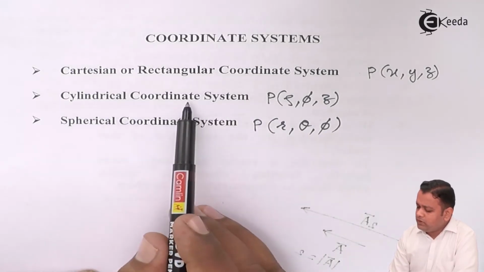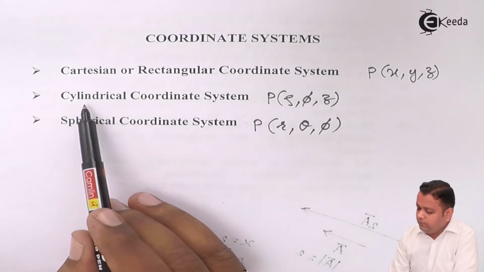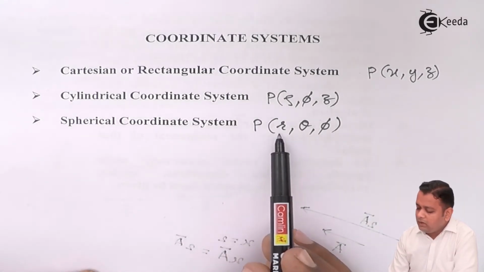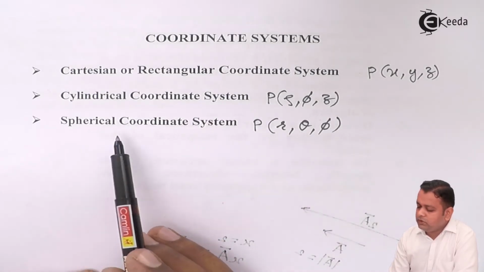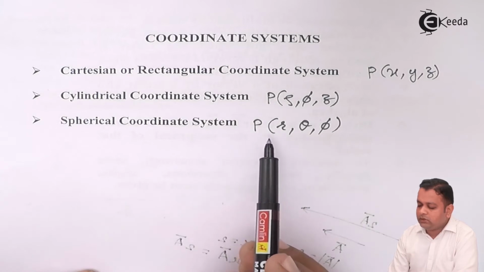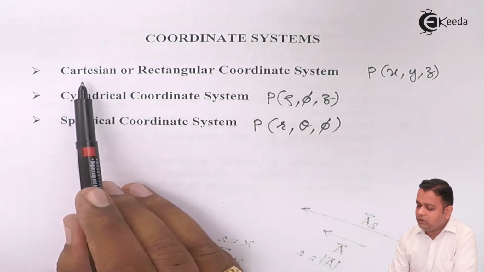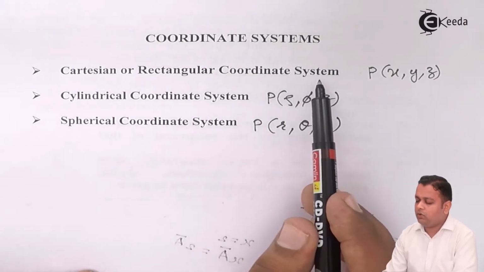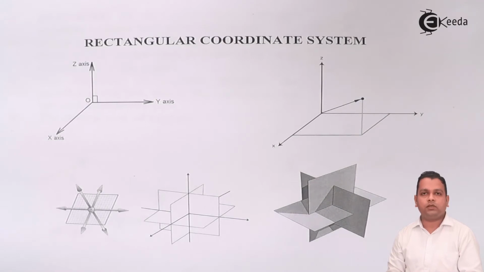In cylindrical coordinate system, rho defines the radius of the cylindrical shape, whereas r in spherical coordinate system describes the radius of the spherical shape. So let us start with the first coordinate system called Cartesian or rectangular coordinate system.